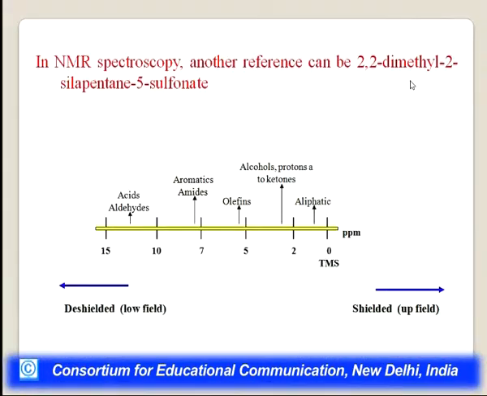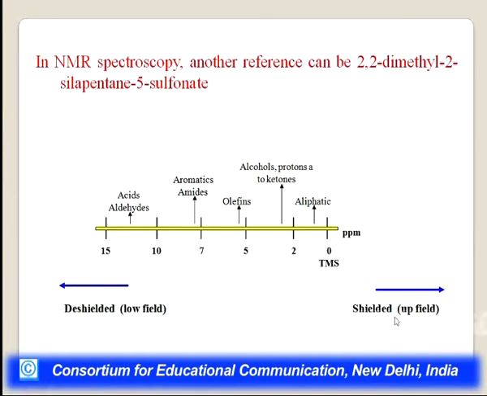Another reference for NMR spectroscopy is 2,2-dimethyl-2-silapentane-5-sulfonate, and here you can see the shielding and deshielding in the different molecules. You can see aliphatic, alcoholic, olefinic, aromatic, amides, acidic, anhydride, and this is the scale of tetramethylsilane.